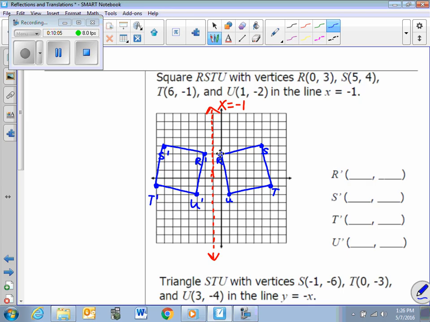And what you can see happens here is that R prime becomes -2, 3, S prime becomes -7, 4, T prime becomes -8, -1, and U prime becomes -3, -2.